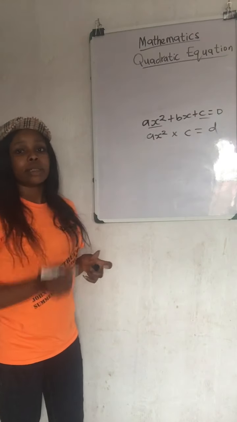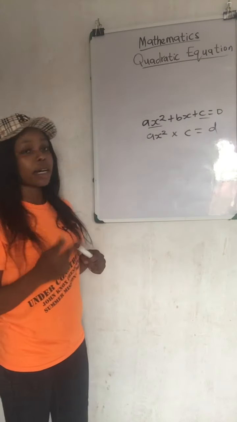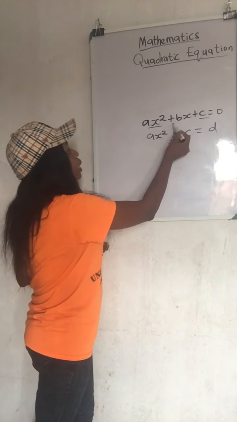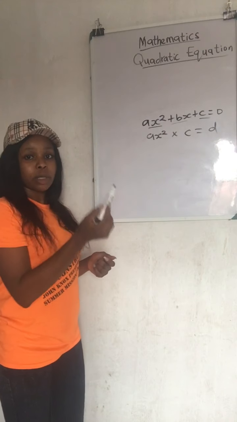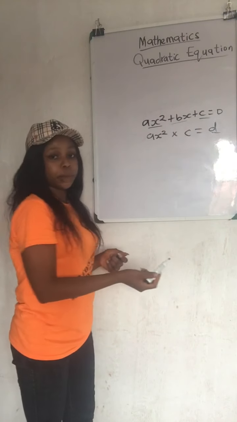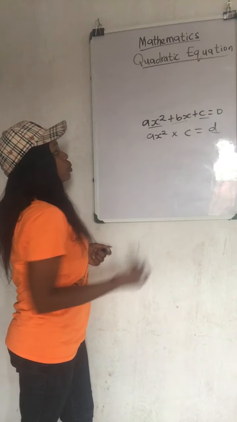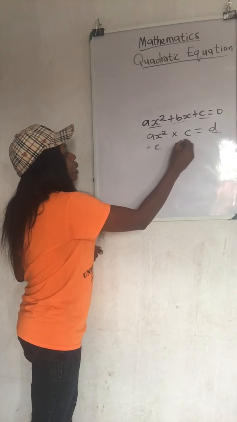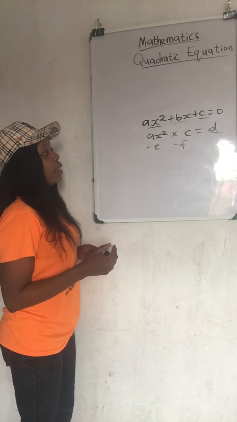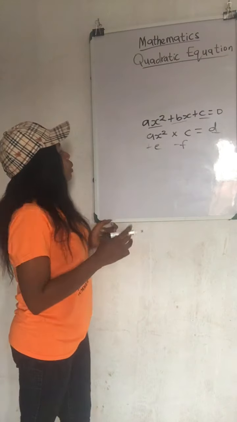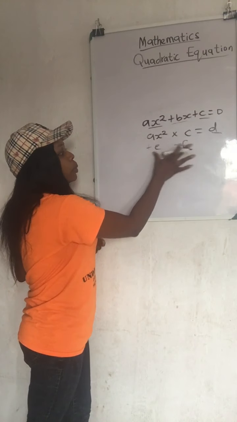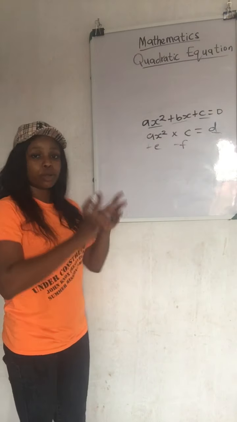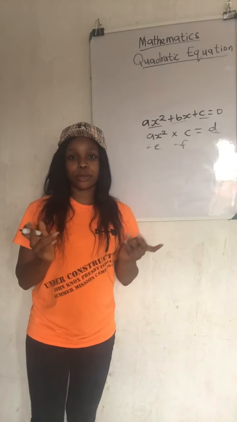The next step is to find two numbers whereby when you add or subtract, it will give you the middle term, and when you multiply, it will give you your product, this d. Let's say the two numbers are plus e and minus f. The next step is to replace your middle term with these two numbers. After replacing them, the next thing is to group your equation and solve.